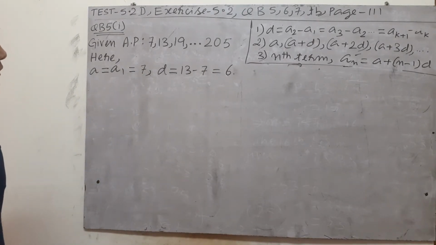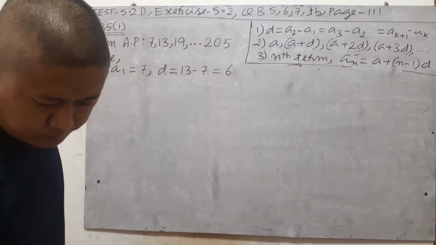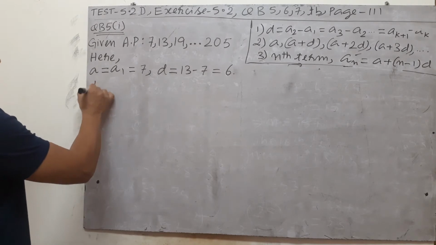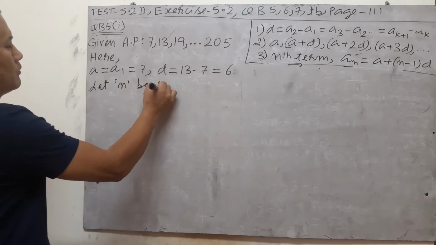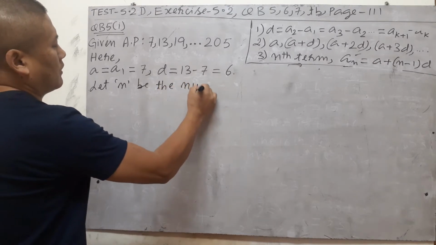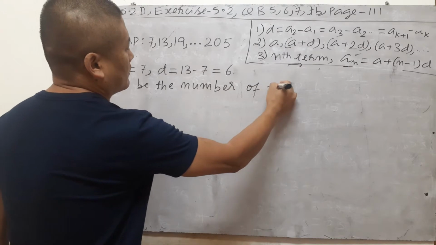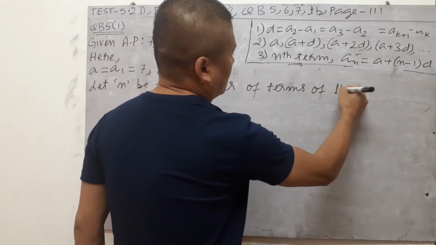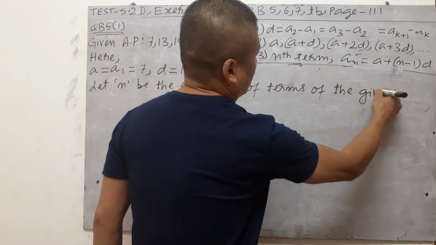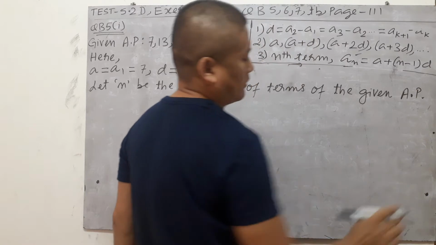Then we have the total number of terms. So let's put small n as the number of terms of the given arithmetic progression.